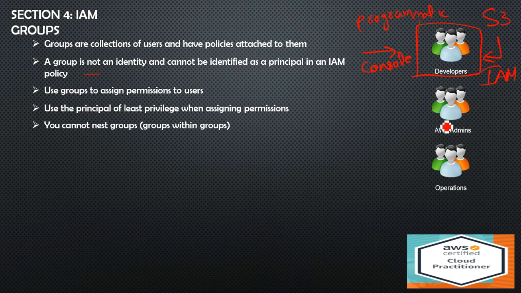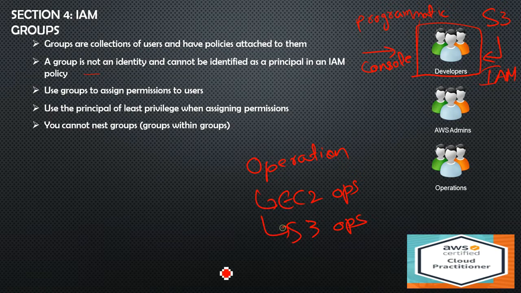So that is the principle of least privilege. You cannot nest groups. Okay, you cannot have groups within groups. So for example, you have operations, and inside you cannot create another group, say EC2 operation and S3 ops. So this cannot be the case. That is what the next line is saying.